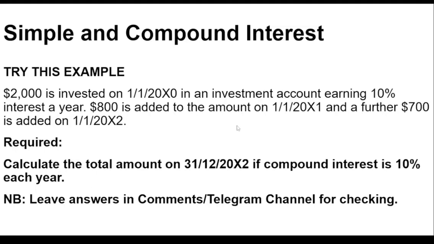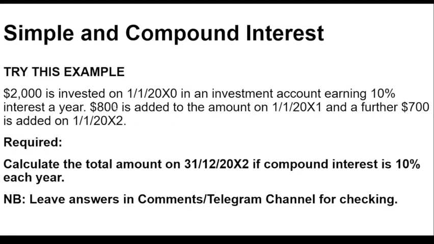All right. So let me just give you a few hints here. So we know that this is the amount, this is the initial investment, that's the principal at 1st January 20x0. Okay. So interest is going to be earned on this 2,000 from 20x0 to 20x2. All right. And then we've been told that on 1st January 20x1, this amount was added.